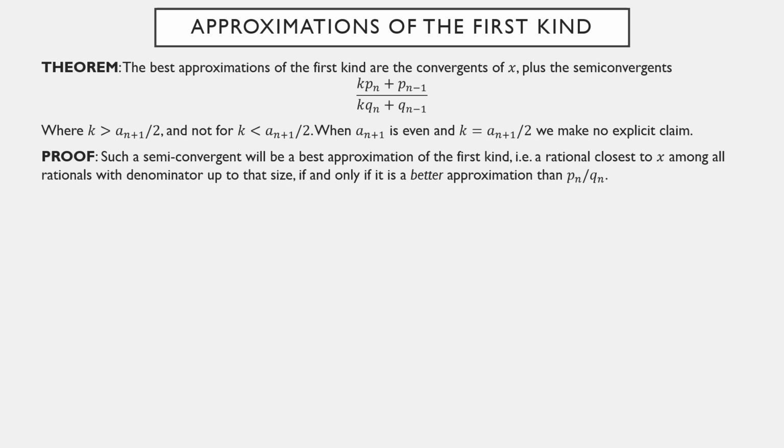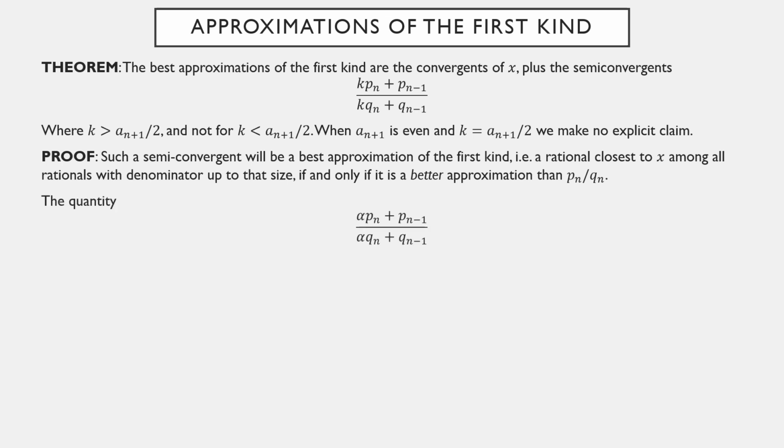However, we have shown that the interval between this semi-convergent and p_n over q_n doesn't contain any rational numbers whose denominator is smaller than the larger denominator, that of the semi-convergent. So if this semi-convergent is closer to x than the previous convergent, it is a best approximation of the first kind. In other words, we're trying to classify the choices of k so that these semi-convergents are closer to x than p_n over q_n is.